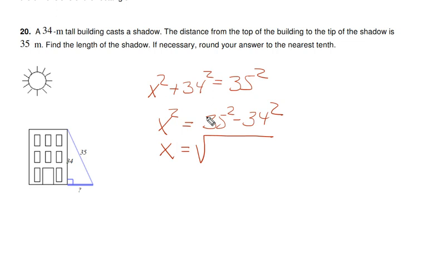So 35 squared minus 34 squared is 69 here. And when I ask for the square root of that, I round it to the nearest tenth. It's 8.3 meters. Okay, good job.